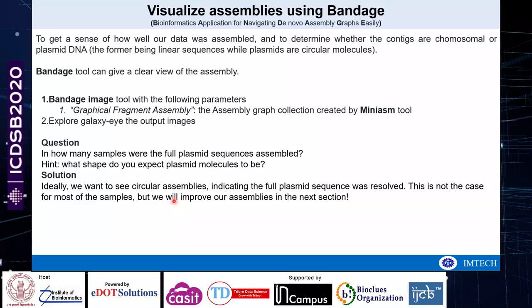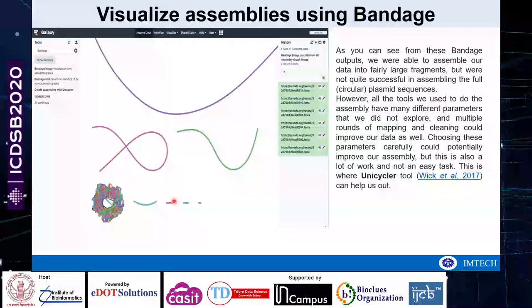You give the input data which you generated from the miniasm tool, and it will give you these graphs. As you can see from this Bandage output, we were able to assemble our data into fairly large fragments, but were not quite successful in assembling the full circular plasmid sequences.